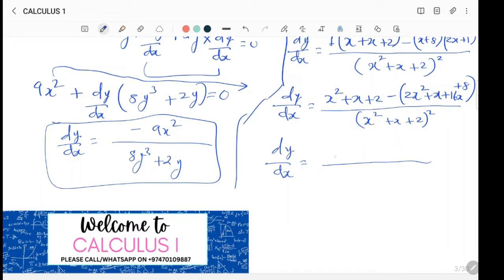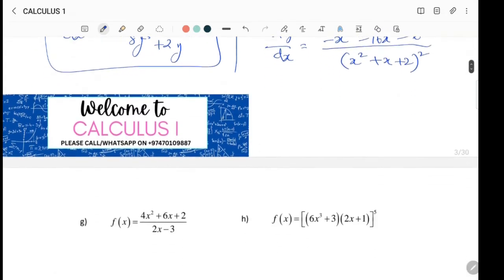Which is minus x square, x and minus x will cancel, but here we have minus 16x. And 2 minus 8, so minus 6, right? So minus x square minus 16x minus 6 over (x square plus x plus 2) whole square, right? This is dy by dx.